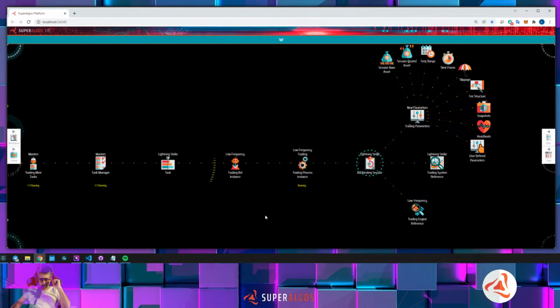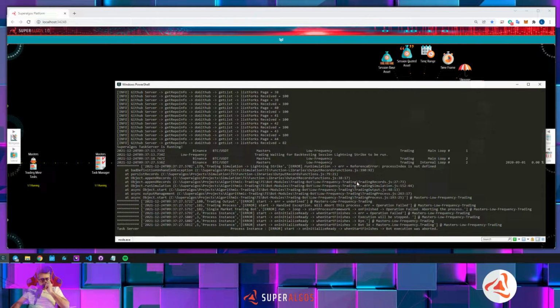Run. Of course, it has some problem. Process index is not defined.